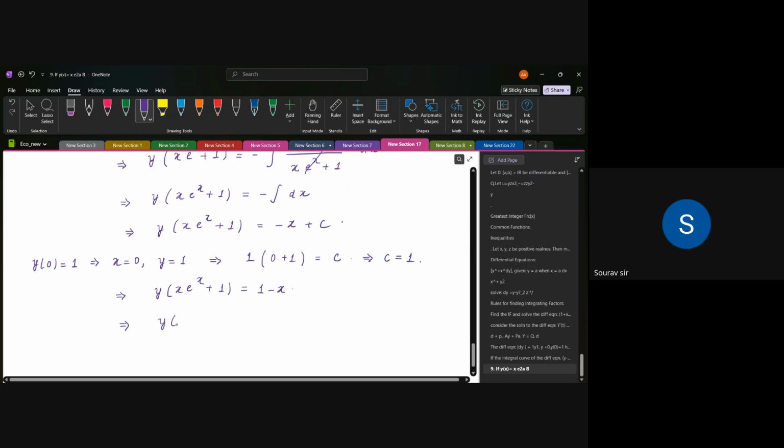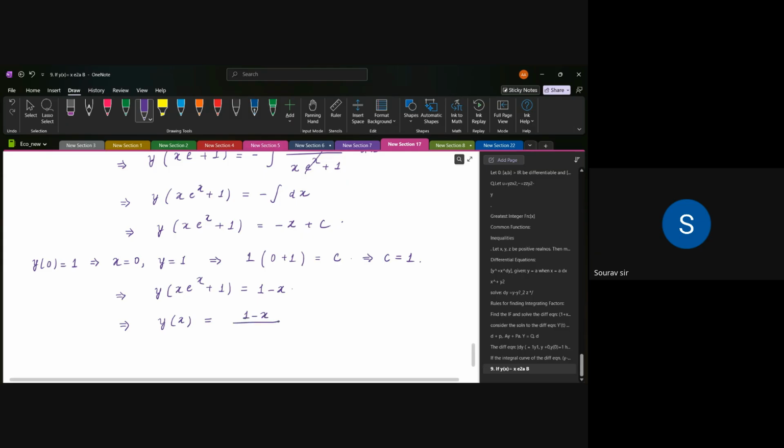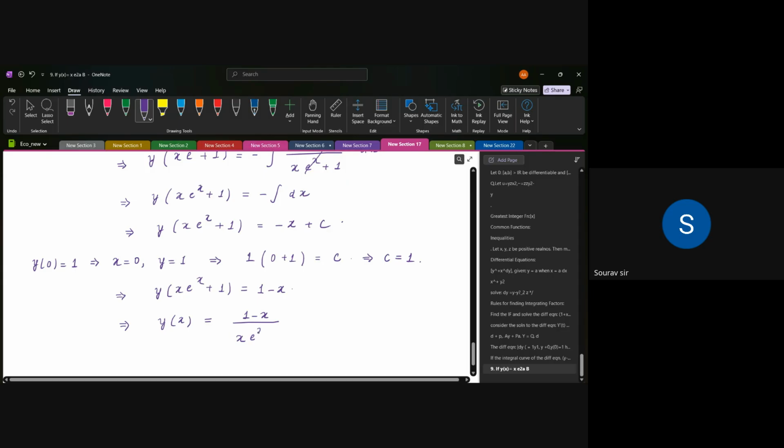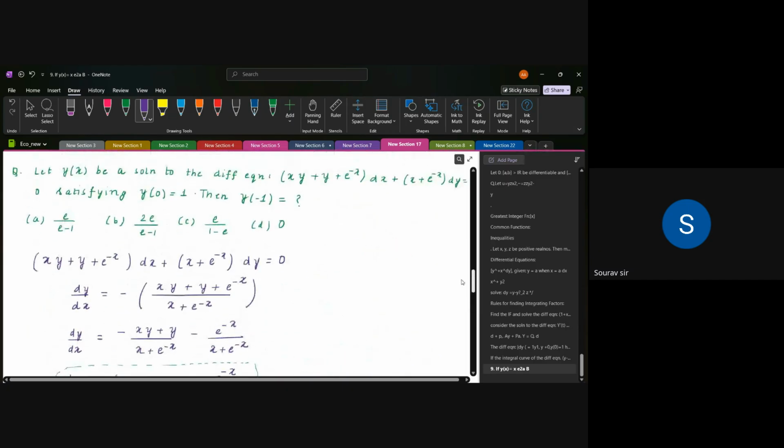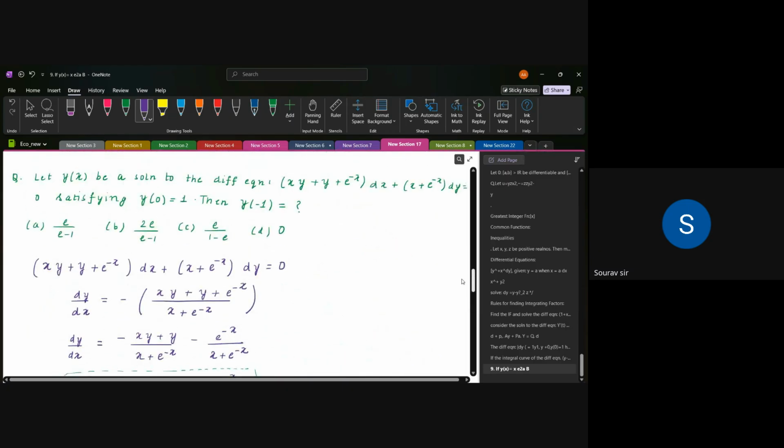Here, y of x is nothing but... And what do we have to find out? What is y of minus 1?